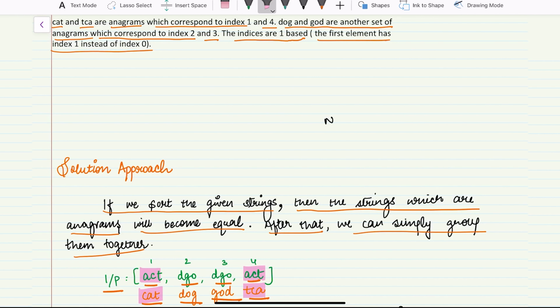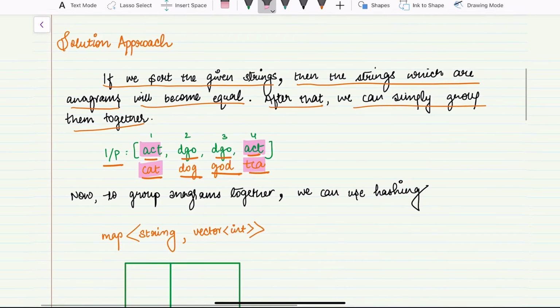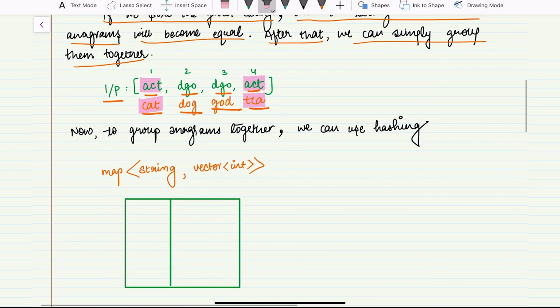Now to group the strings, we can perform hashing. So how can we do that? A key can be this unique string, right? Here the group of anagrams is cat and tca, so we can have a unique string for them which is act. Likewise for dog and god we can have a unique string dgo.